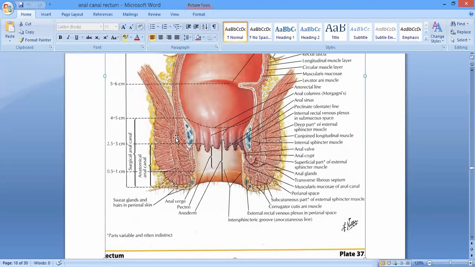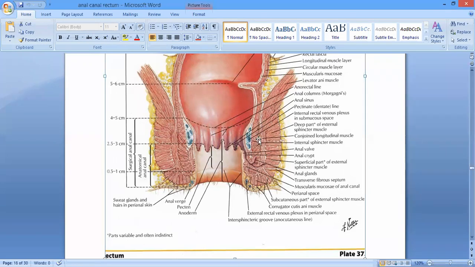Okay, so this muscular arrangement forms the two sphincters. The circular smooth muscles on the inner aspect form the internal anal sphincter. ठीक है, जो circular muscles है ना दोनों साइड पे पीछे, ये क्या कर रहे हैं?